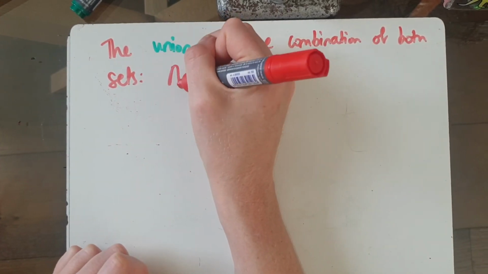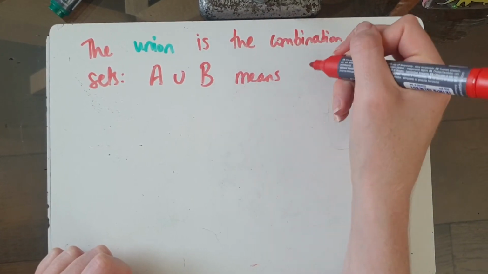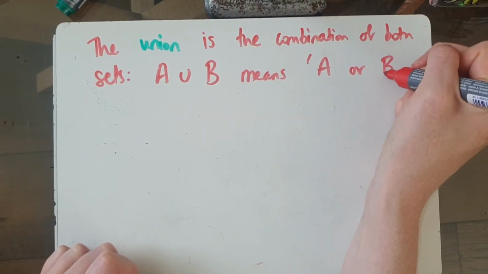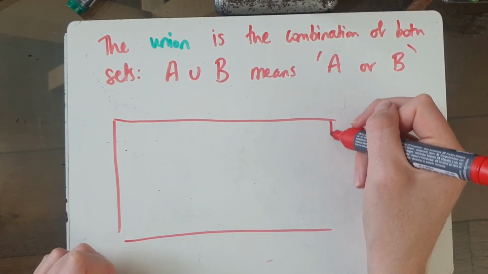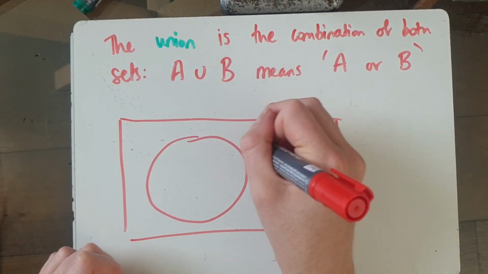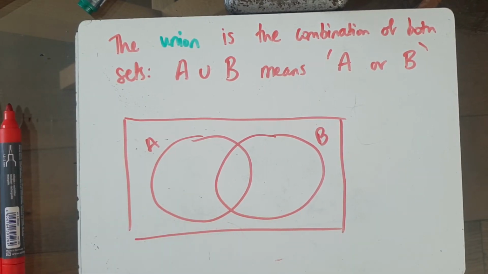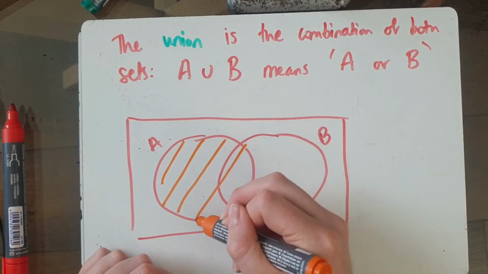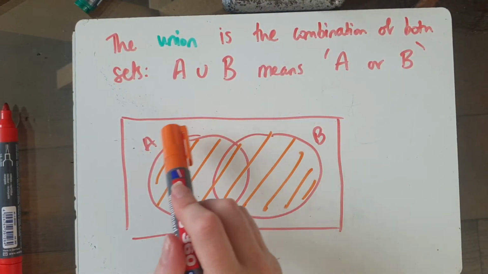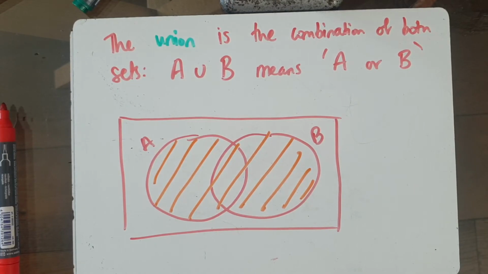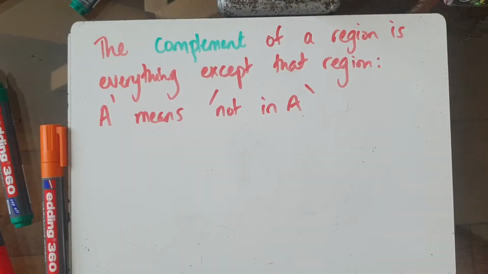We write that as A union B, and it means the element is in A or B. If we shade in the region represented by that on the Venn diagram, the element can be in A or B. So it's everything in the two circles, and we're just ignoring what is around the outside. So pause the video and copy that down, please.